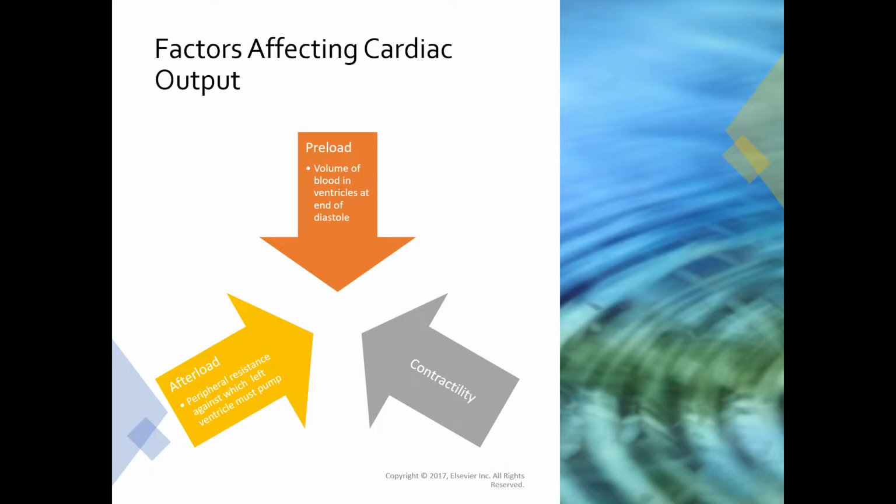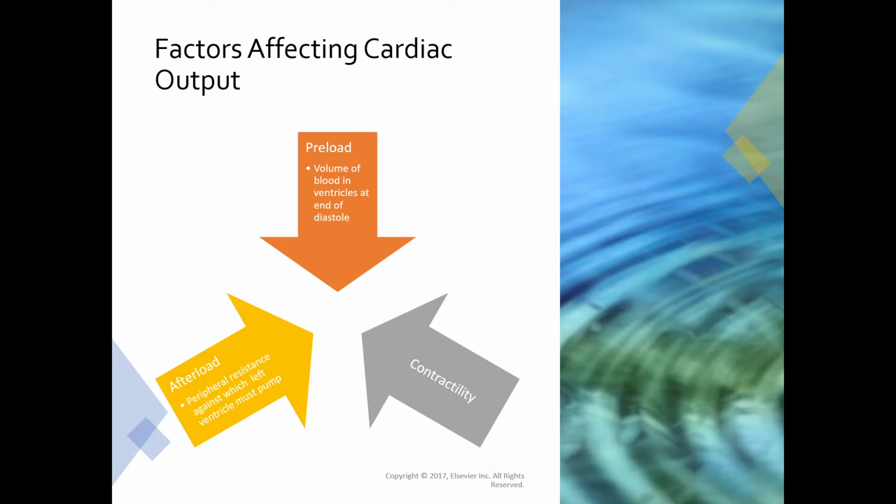And we're going to throw a new fancy word in right now. We're going to throw in afterload, and afterload is nothing but the peripheral resistance against which that heart or that left ventricle has to be pumping, right? And so the size of the ventricle, the wall, blood pressure, all of that is going to affect cardiac output.